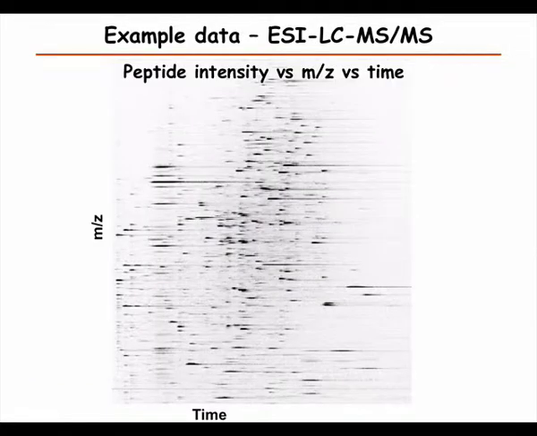There are different ways to show this. This now represents an LC-MS run where we have time on the x-axis and mass to charge on the y-axis. And then we see that we have a lot of these spots that correspond to peptides.